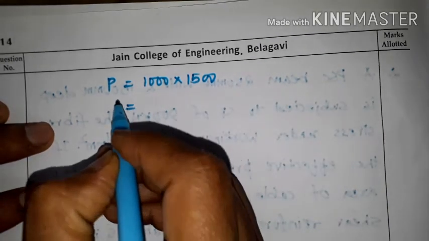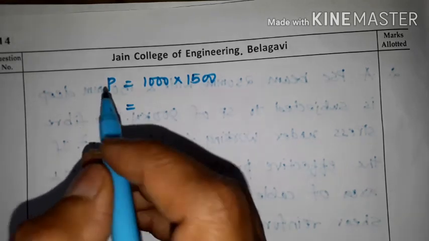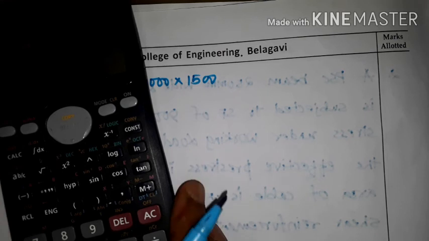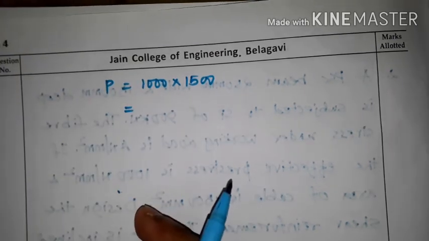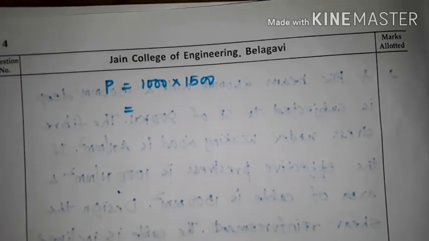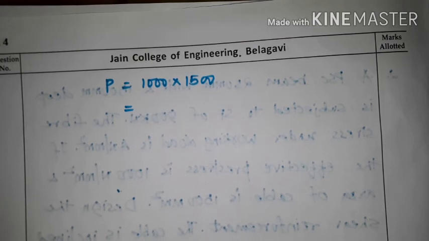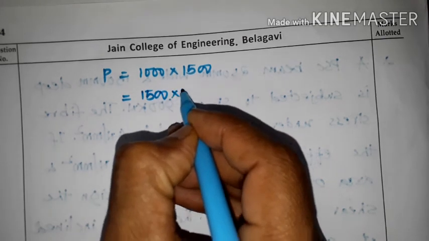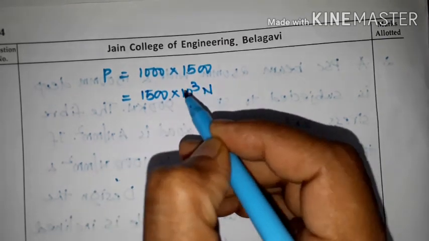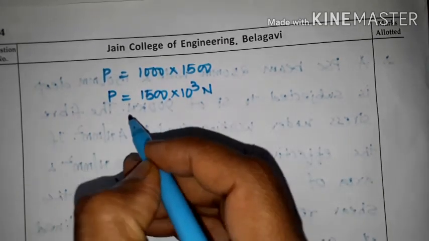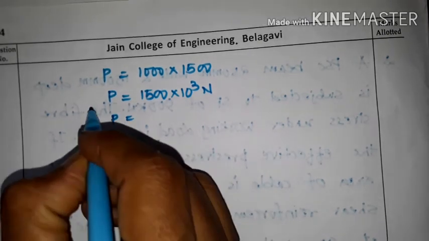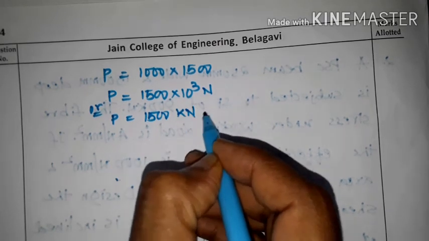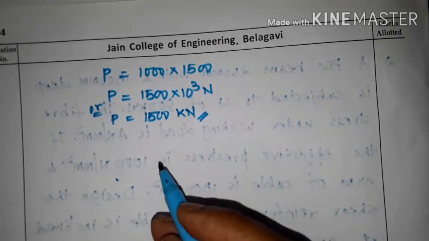So we will get P as 1500 into 10 raised to 3 Newton, or 1500 kilonewton.